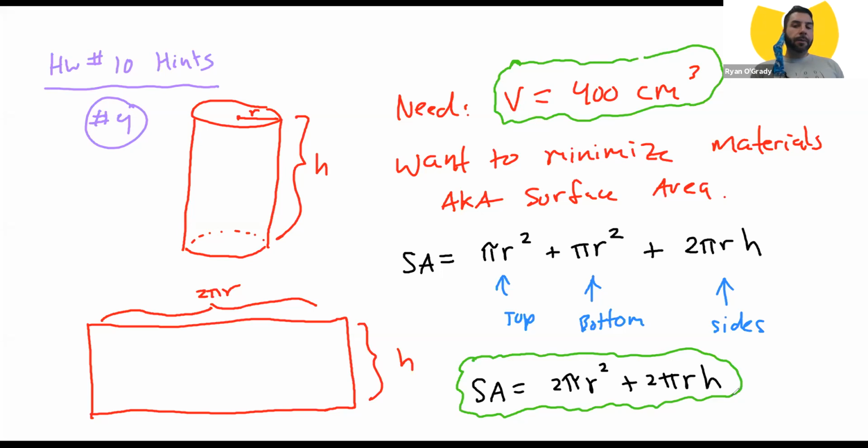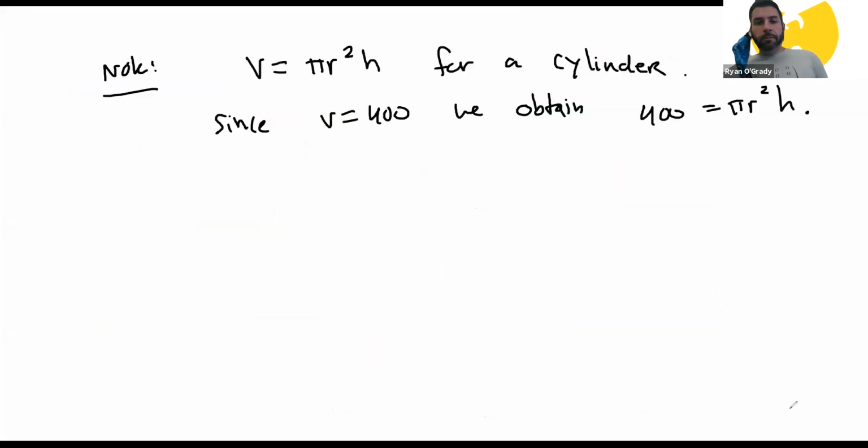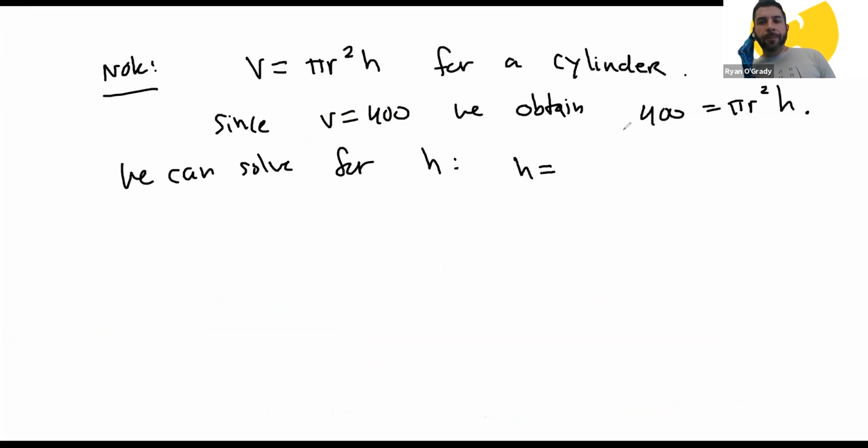It doesn't matter how you do it. I'm going to get rid of h. So we can solve for h, and when I do that, I get h is 400 divided by pi r squared.